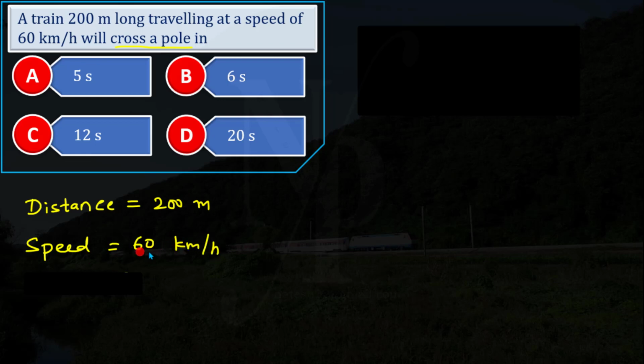Now let us express this speed in meter per second. 60 into 5 by 18 meter per second, which will be equal to, dividing 60 and 18 by 6, 6 3 times is 18, 6 10 times is 60, 5 into 10 is 50, 50 divided by 3 meter per second.